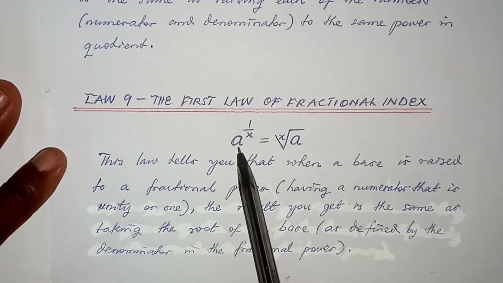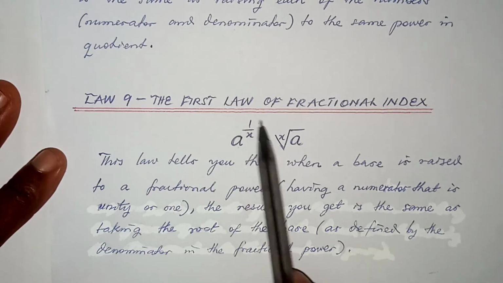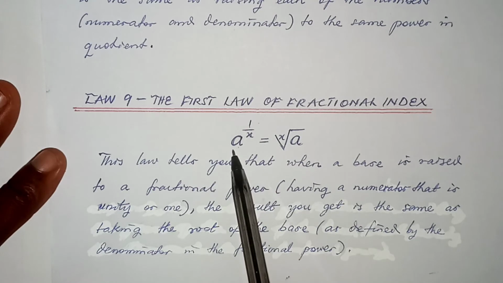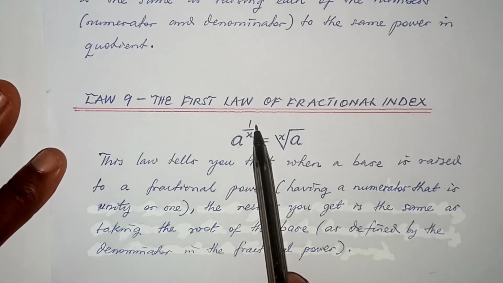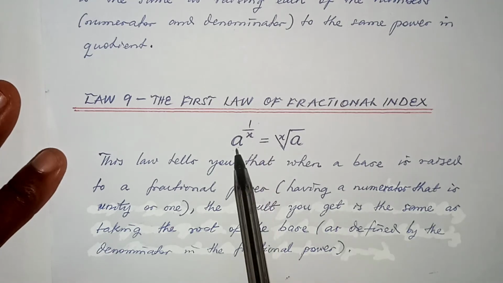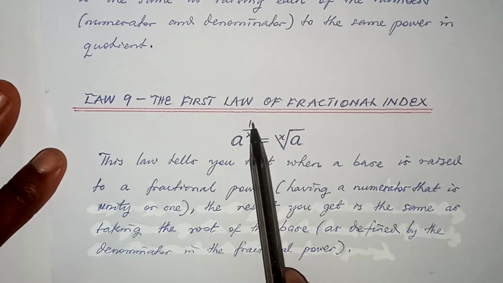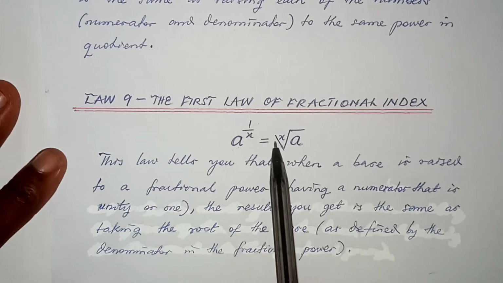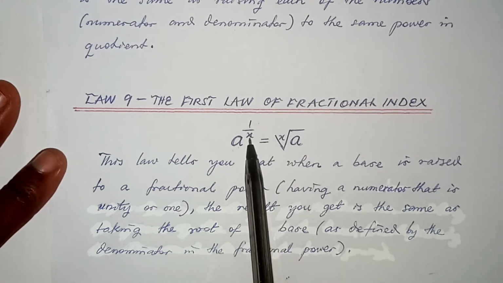So if you have a base a raised to a fraction as its power, take note, in this fraction that happens to be the power of a, the numerator is 1. The numerator is unity. So if you have a, the base, raised to a fractional power whose numerator is 1 or unity, then the result is the same thing as taking the root of a as defined by the denominator in that power, in this case x.